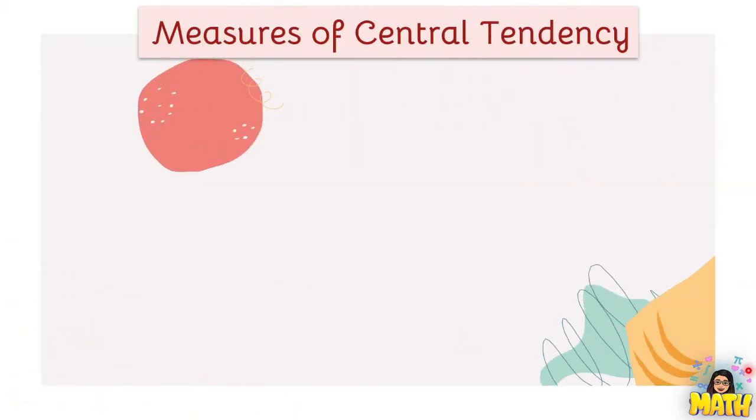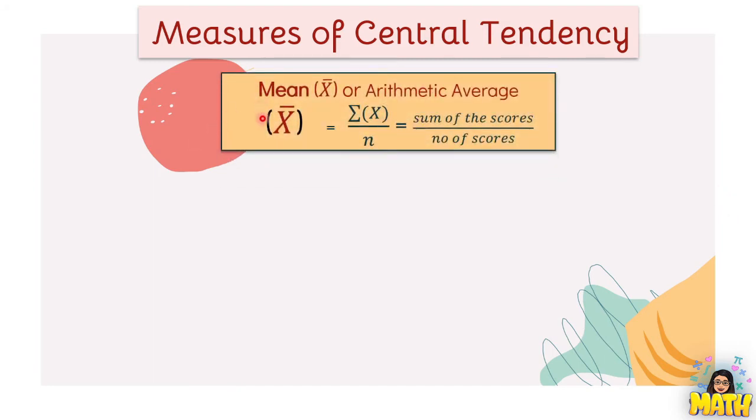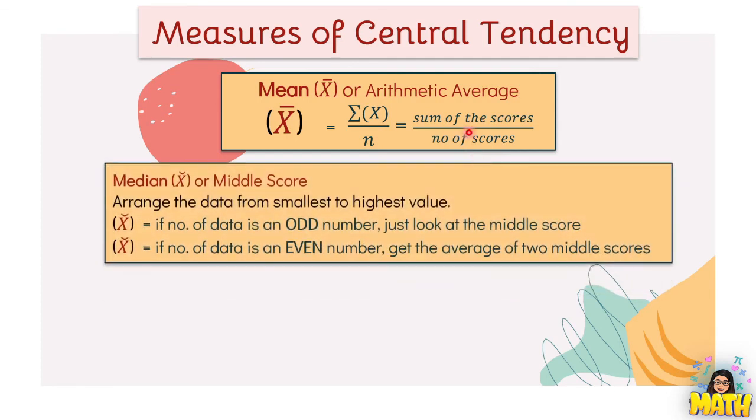So now let's summarize the different measures of central tendency. These are the different ways or common measures that we can use to represent a set of data using a single number. First is by using the mean or getting the arithmetic average, that is by getting the sum of the scores or data divided by the number of scores.